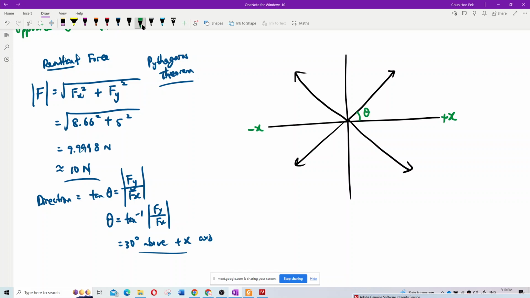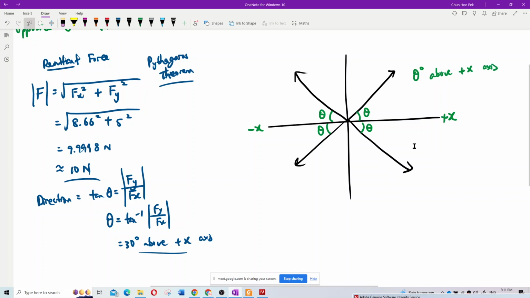So let's put the angle over here. How do we mention the angle? This is the first quadrant, second quadrant, third quadrant, fourth quadrant. If the vector is in the first quadrant, we say the direction of this vector is theta degrees above positive x-axis.